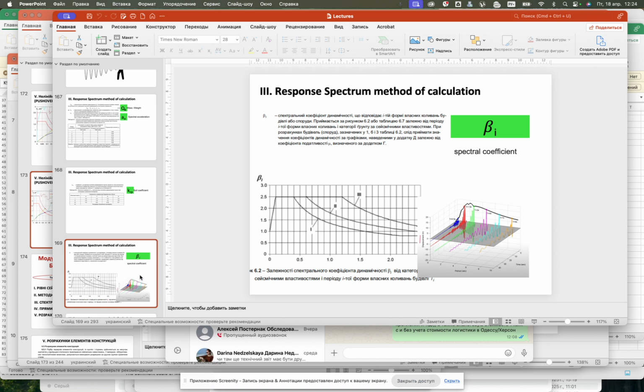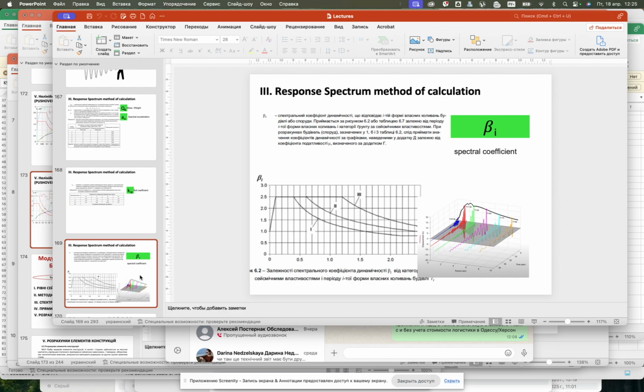The presence of this coefficient in that formula gave the name to this method, because the spectral method of calculation is called this way because of this coefficient. And this coefficient describes the additional multiplication, the additional seismic effect, because of its specific impacts.